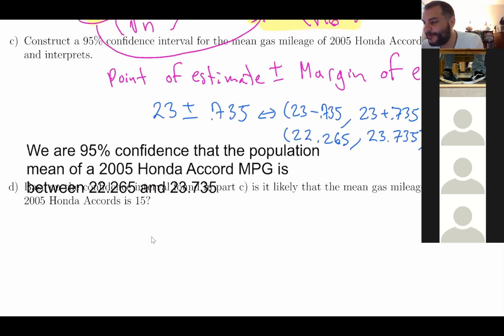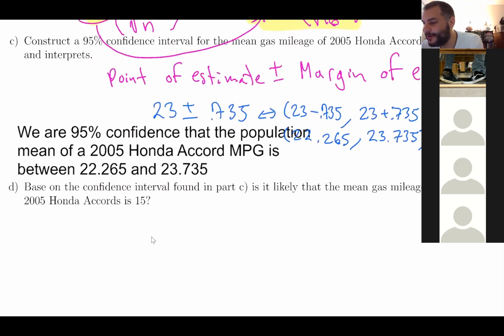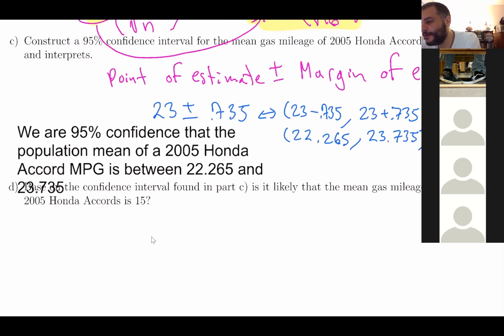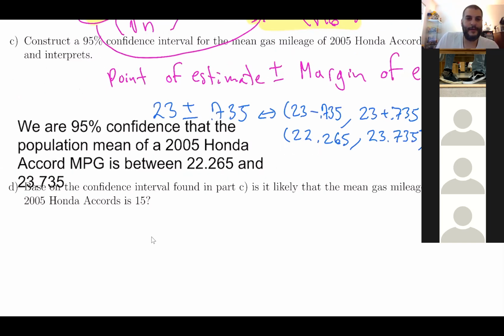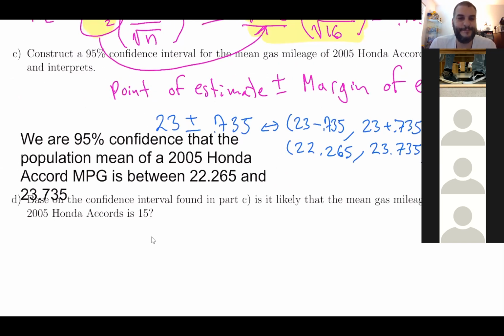Let's see if I can do this a little bit nicer. All right, hopefully you can see that, but that's our answer for part C. Any question in regard to how we got part C, the confidence interval, or the interpretation?